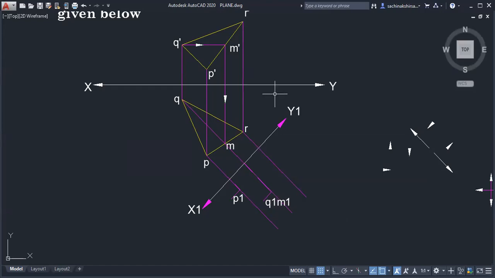R dash to XY line. So mark that also. Which point will you get? R1.